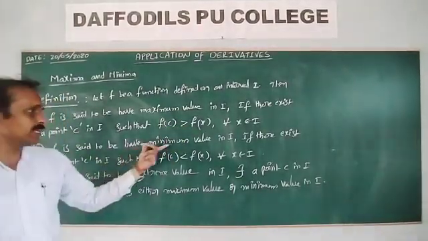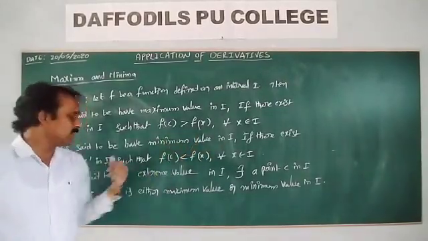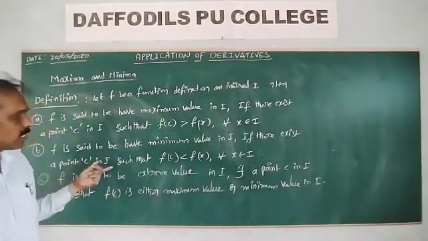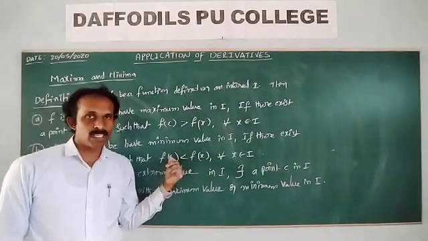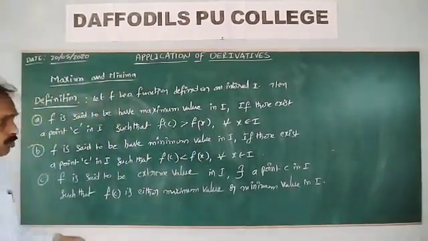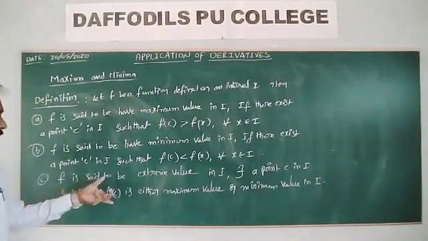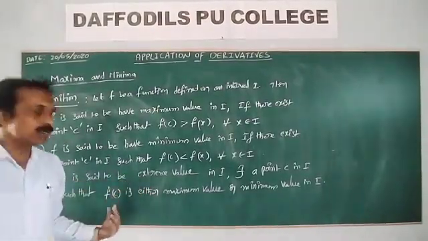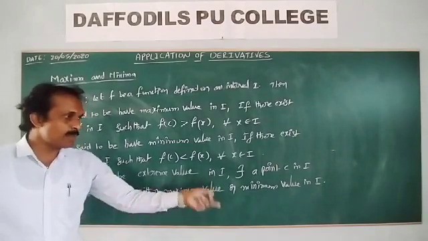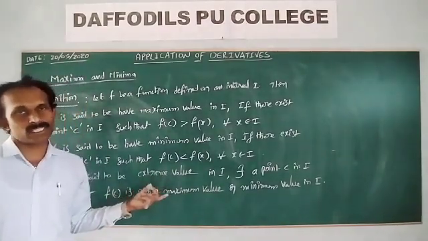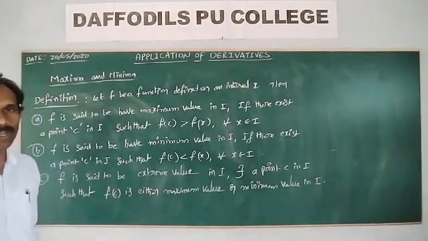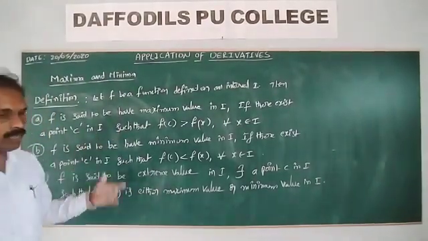Next, f is said to have a minimum value in I if there exists a point C in I such that f of C is less than f of x for all x belonging to I, and C is called the point of minimum. If f has a maximum value or a minimum value, then f is said to have an extreme value, either maximum or minimum.